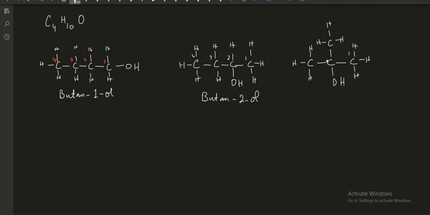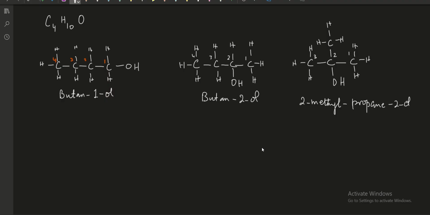If I number from here, 1 2 3. Okay, so what will be its name? It will be 2-methyl, and the chain is of 3 carbons, so its name will be propan-2-ol.